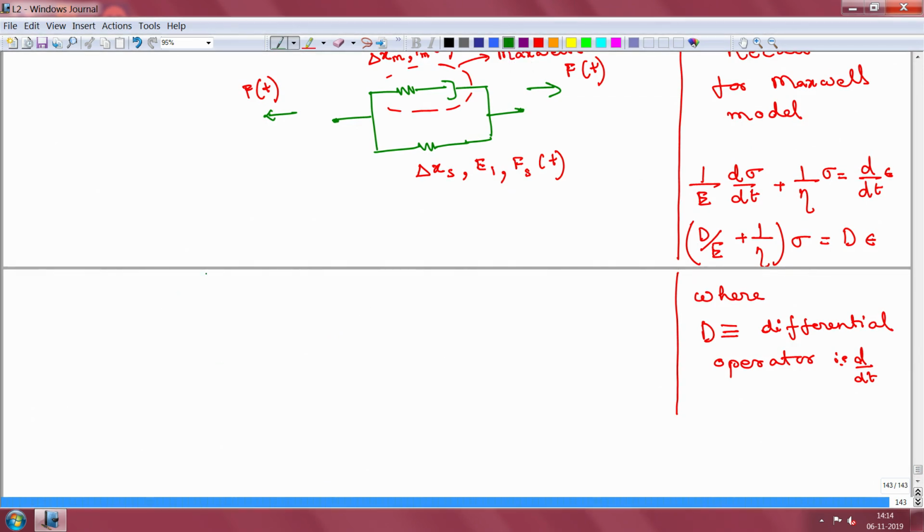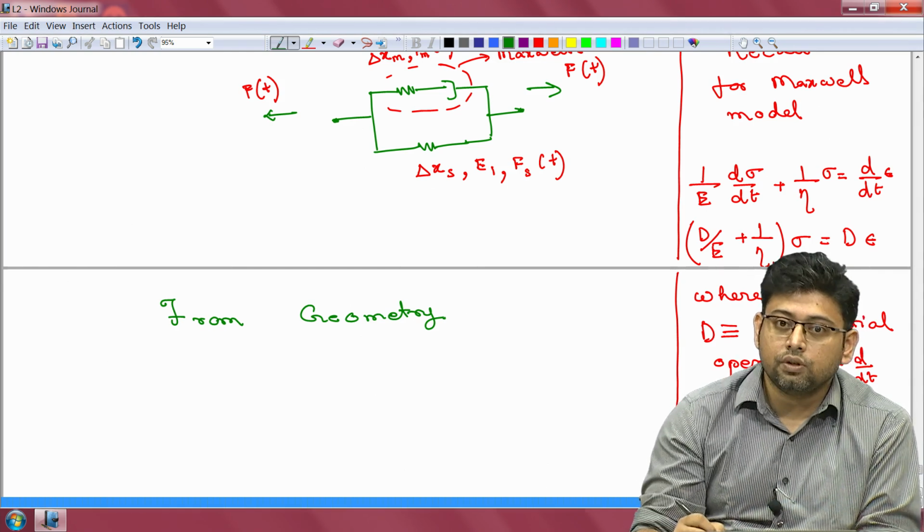okay, for the entire system from geometry we can say, as we discussed earlier, that the geometry is going to constrain the displacement, right. So, the displacement of the entire system is going to be shared by the 2 individual systems.